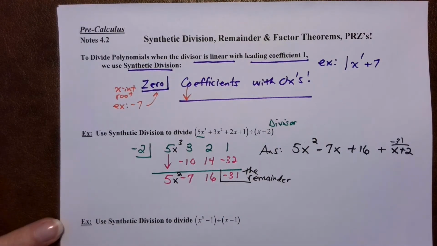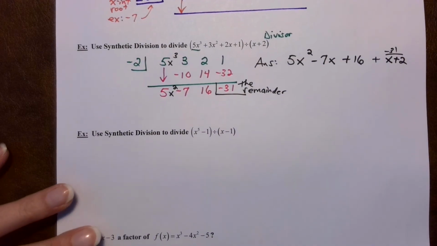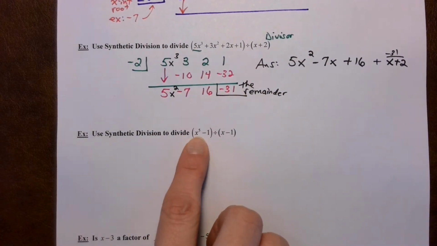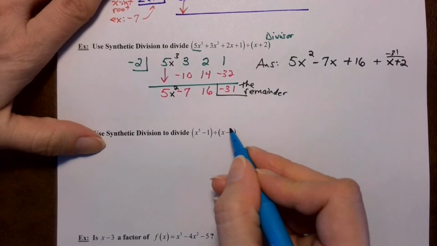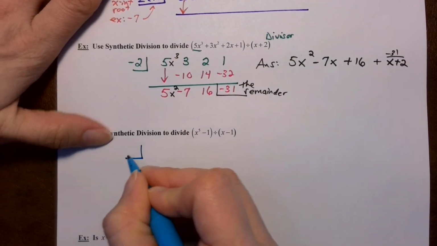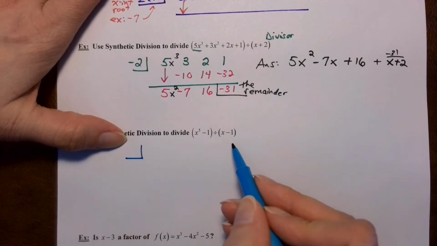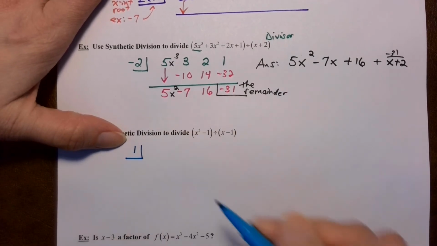Let's try synthetic division one more time. This one looks a lot more fun. It's really small, but don't forget about the x's. When we have x minus 1, what number would go in that box? That's right, a positive 1.